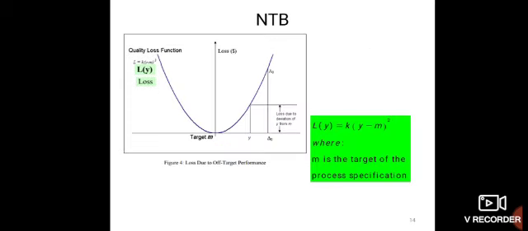Third one is the nominal the better. If the deviation is less, then the loss will be less. It is shown by this colored line. If we move in the right direction or left direction, which shows more variation, then there will be more loss to the customer.